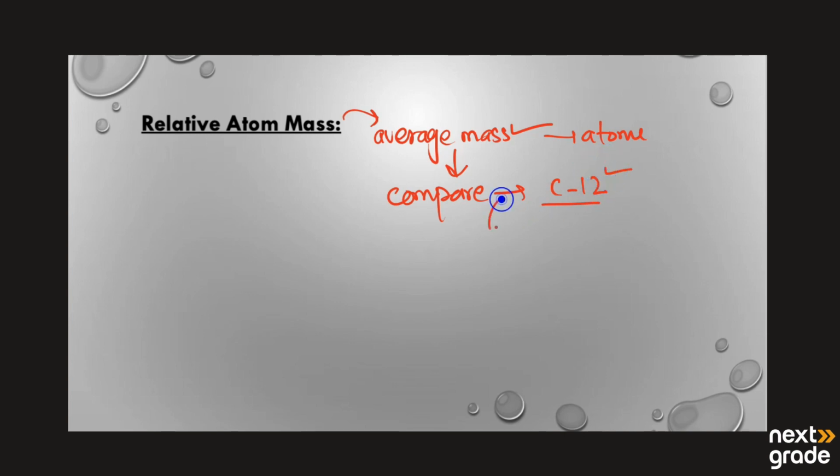Carbon 12 means we need to take 1/12 of the mass of an atom of the carbon 12 isotope. So that average mass is known as the relative atomic mass. So we are going to take the relativity of the mass.